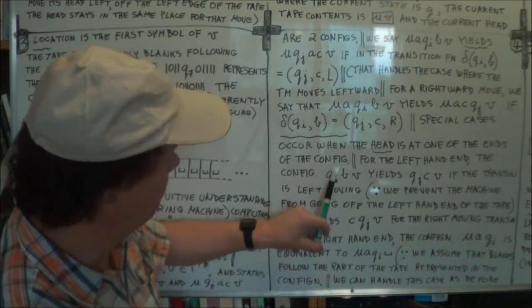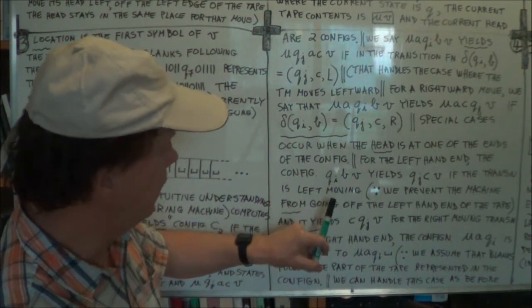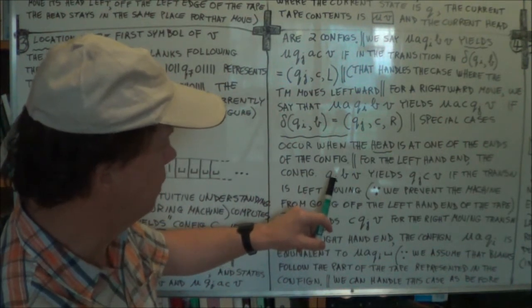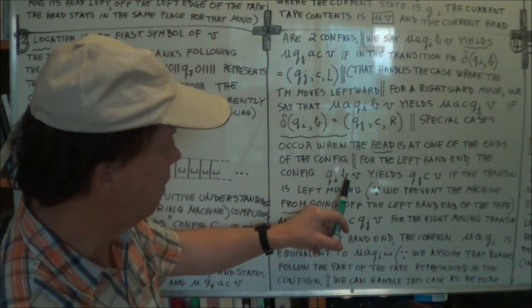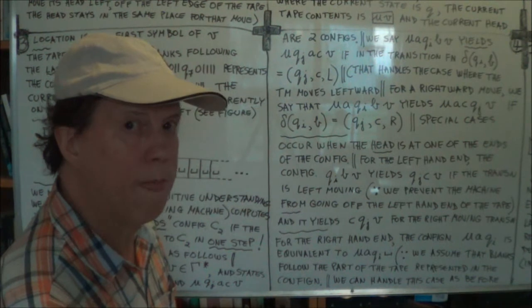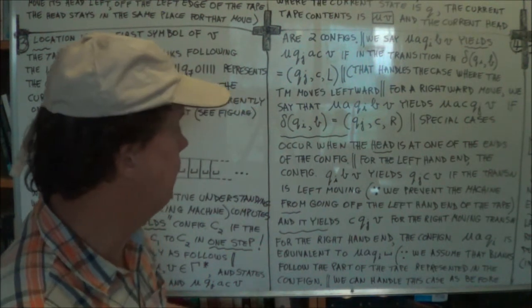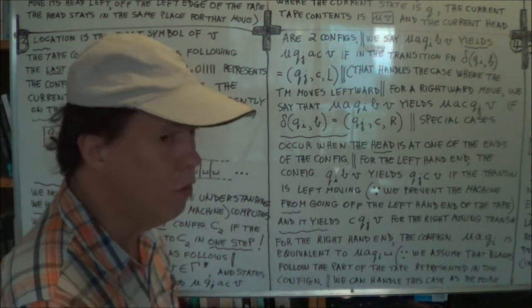Oh yeah, you see? Okay, so there's nothing to the left of it. So this head now is over this character B, and B is the leftmost symbol on your tape. Okay? So remember me saying earlier, you don't move.